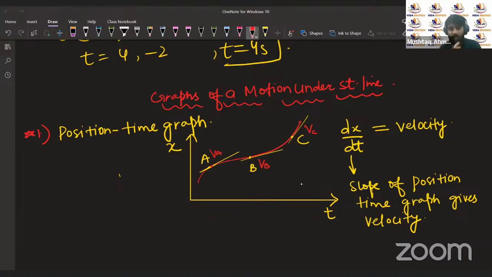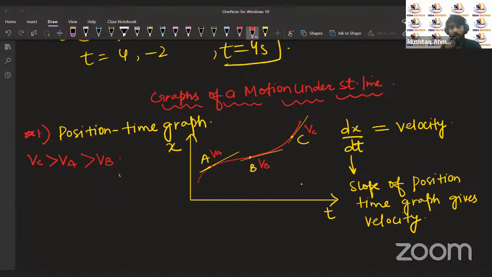So we can see clearly here that the slope at point C is greater than at point A, which is greater than at point B. So we can say that the speed at C is greater than the speed at A, which is greater than the speed at point B.